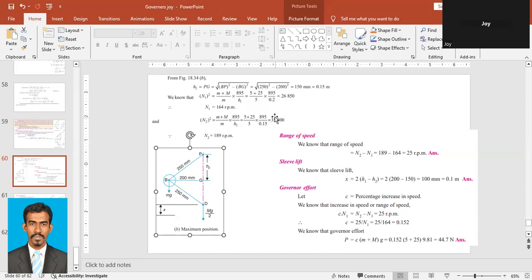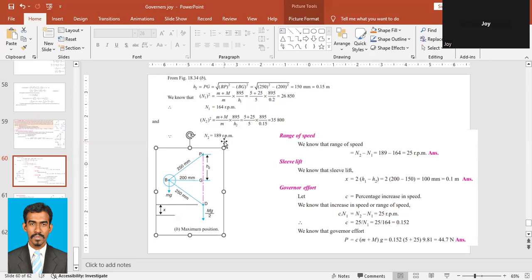When you solve it, you will have 35,800. So N2 squared is equal to 35,800, which means N2 is equal to 189 RPM.